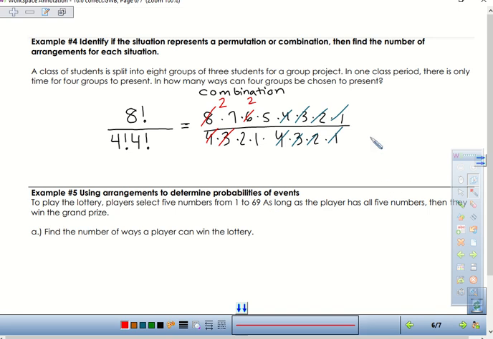Anybody do the math here? Did you get 70? So there's 70 ways in which this could occur, yes. How'd you get the 2 4s on the bottom?